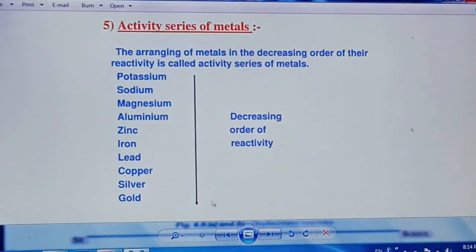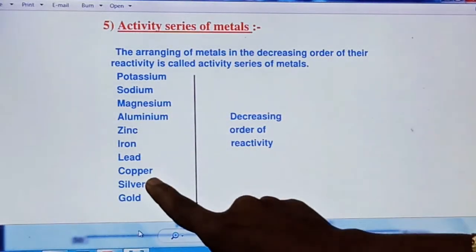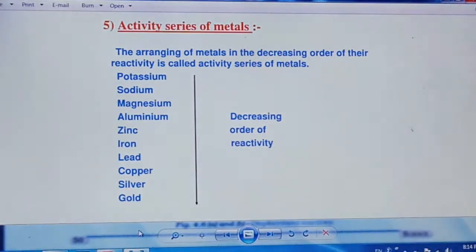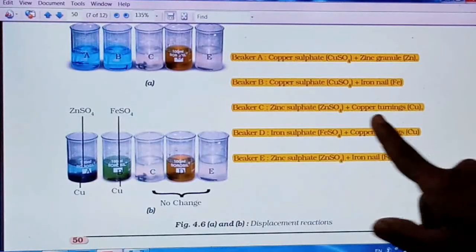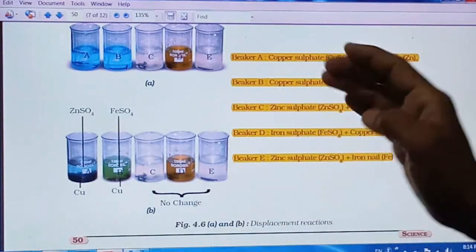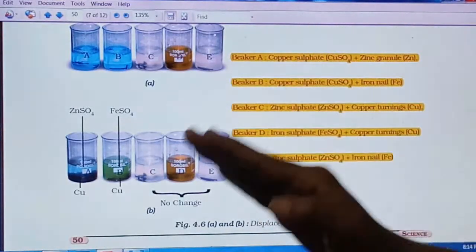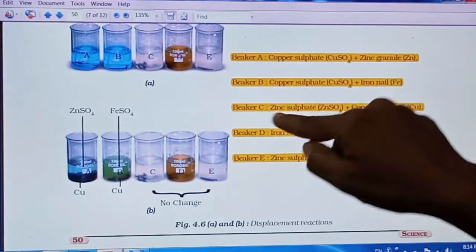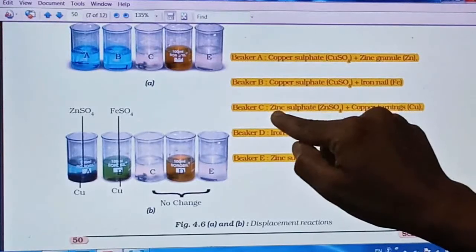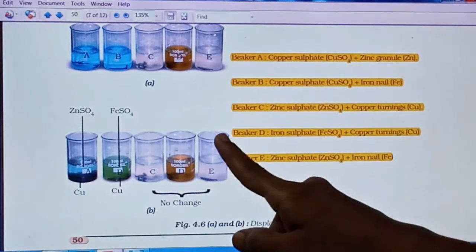So in this reaction, as the copper is less reactive, copper cannot displace the zinc, right? Copper is weak, so it comes over here and tries to displace the zinc, but zinc sulfate has a stronger bond, as it is very reactive. This cannot be displaced.